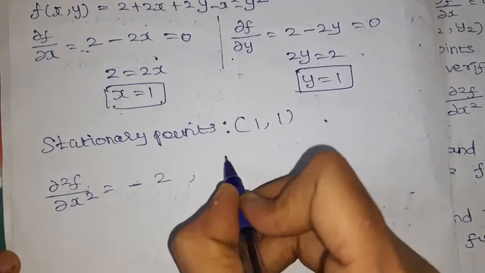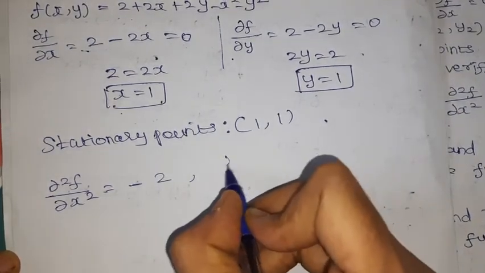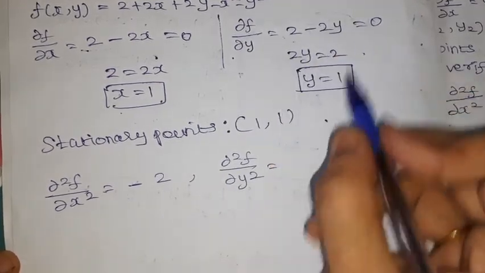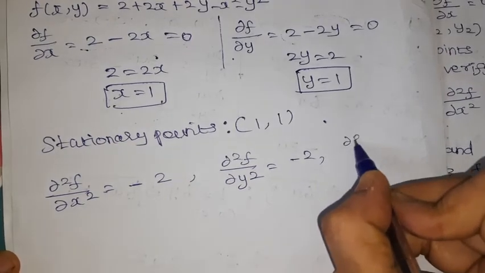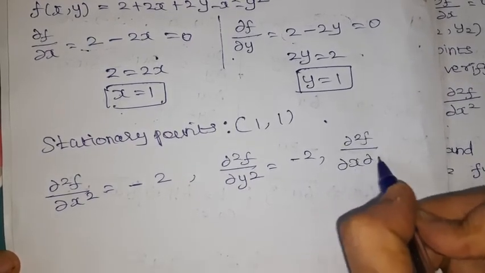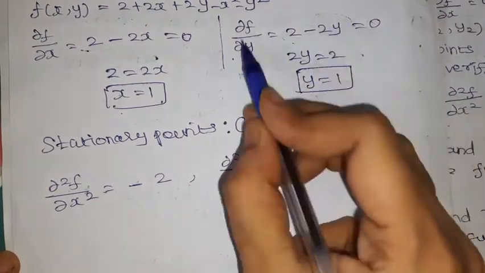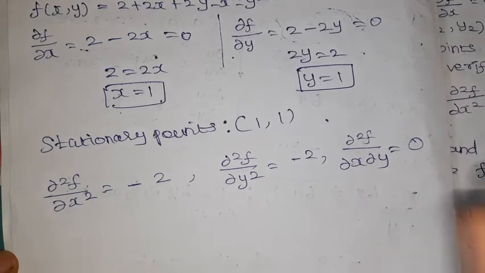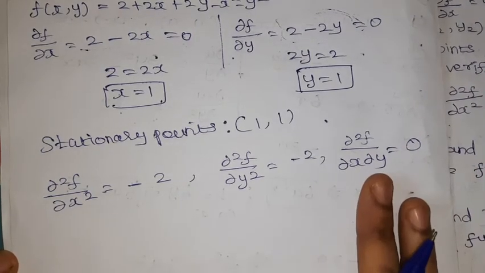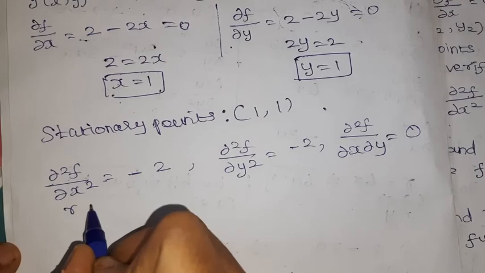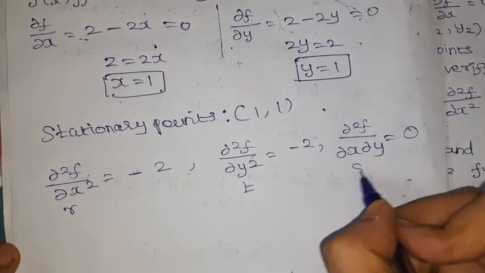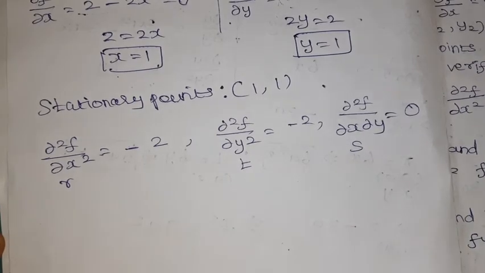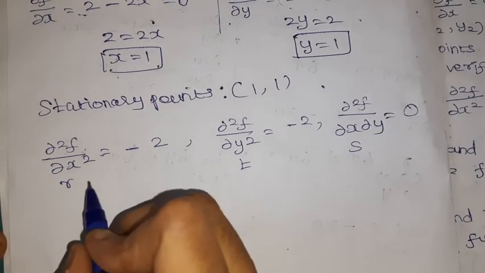Then dou squared f by dou y squared, from this one also minus 2. Then dou squared f by dou x dou y: dou f by dou y with respect to x has no term with x, so the differentiation is 0. So, this is R, T and S. From RT minus S squared and the R value, we can say whether it is maximum or minimum.